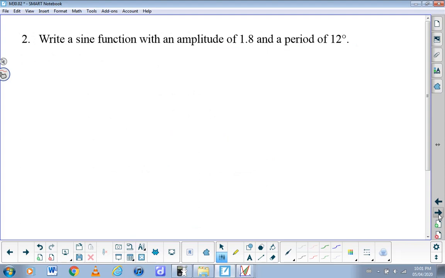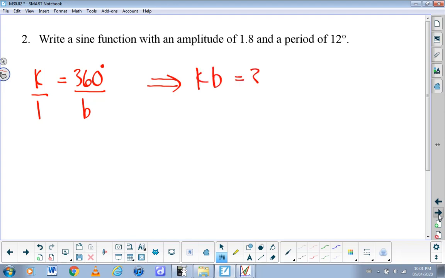Okay, so we've got a few real quick questions to look at now. Write a sine function with an amplitude of 1.8 and a period of 12 degrees. So I want to start by looking at this: period equals 360 degrees over b. If you cross multiply this, you get period times b equals 360. And then if you divide by the period, you get b equals 360 over the period.